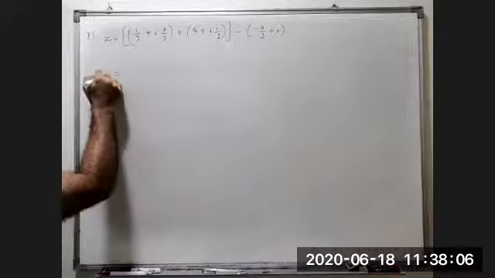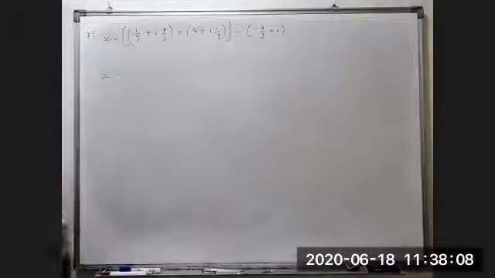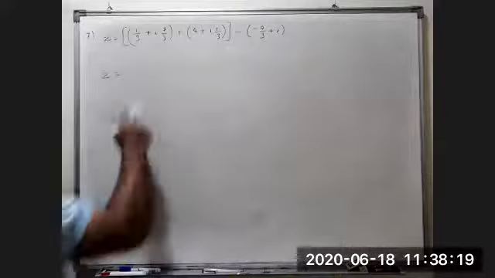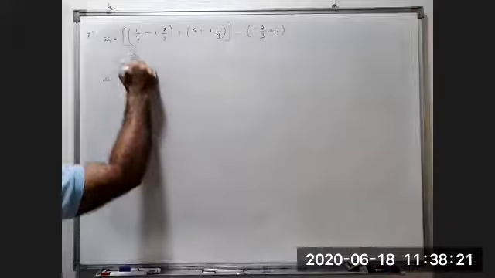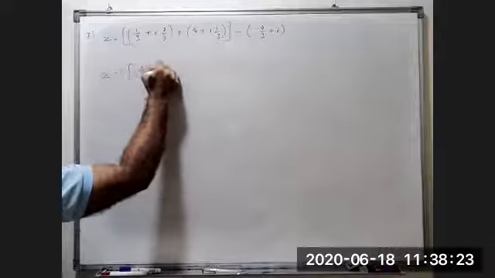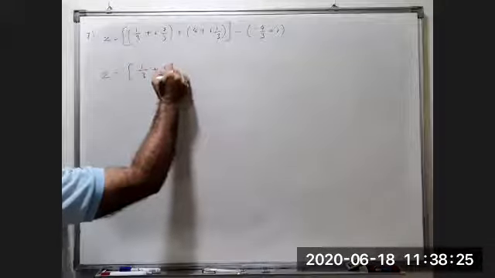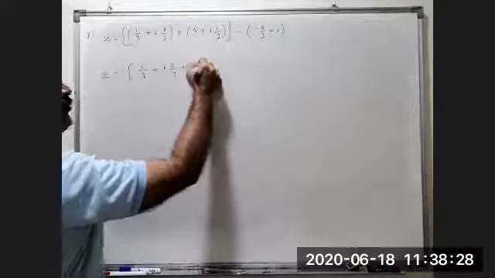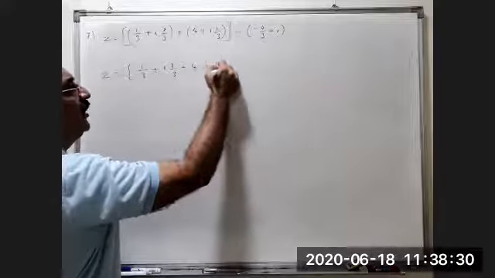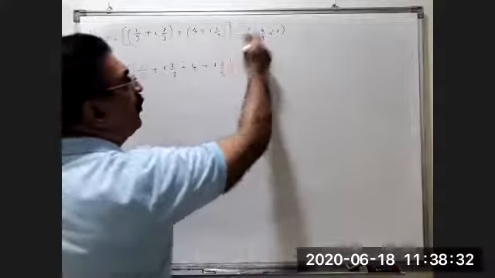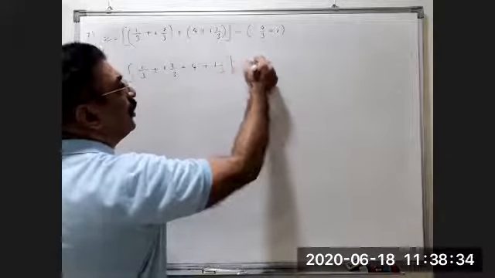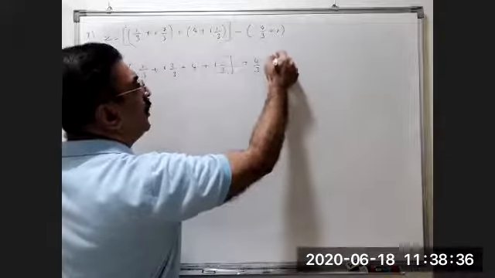Like normal simplification. First we can open the bracket. So the square bracket: 1 by 3 plus i into 7 by 3 plus 4 plus i into 1 by 3, and minus of minus is plus 4 by 3 minus i.